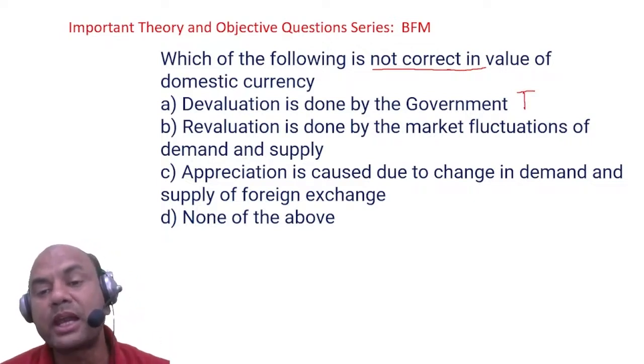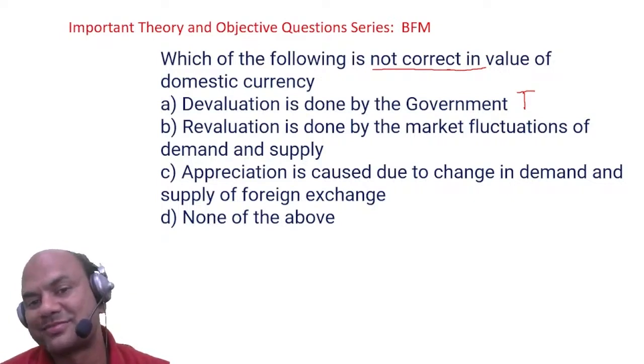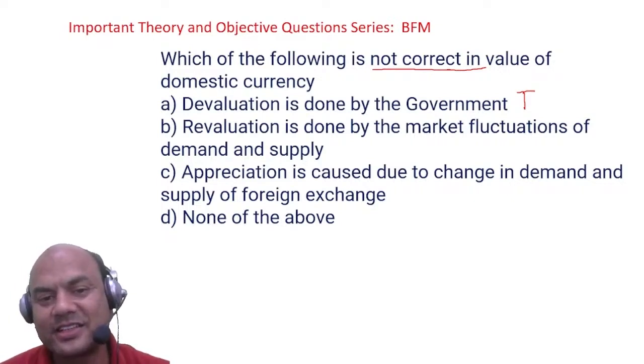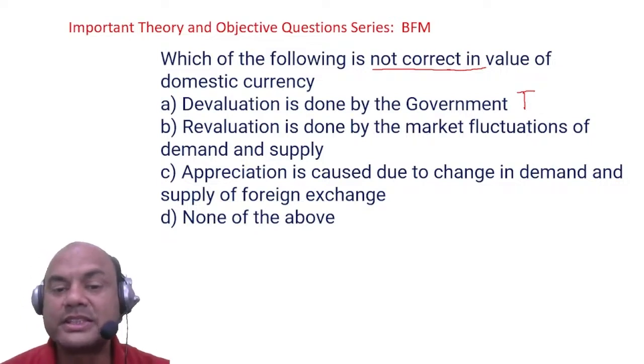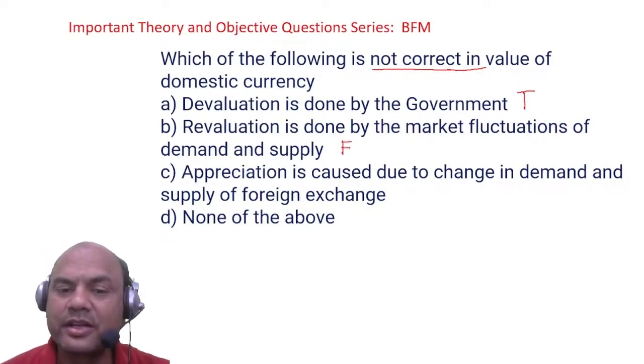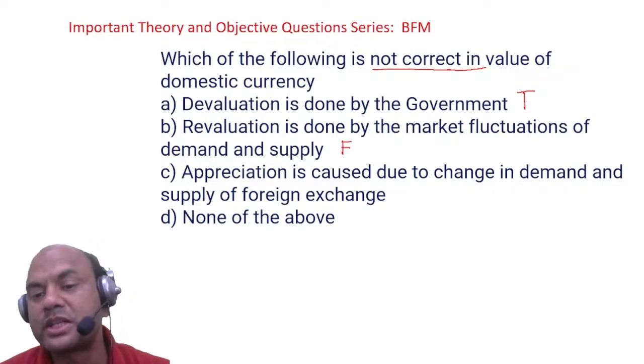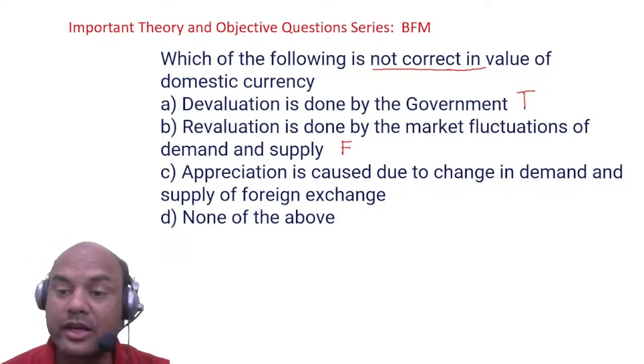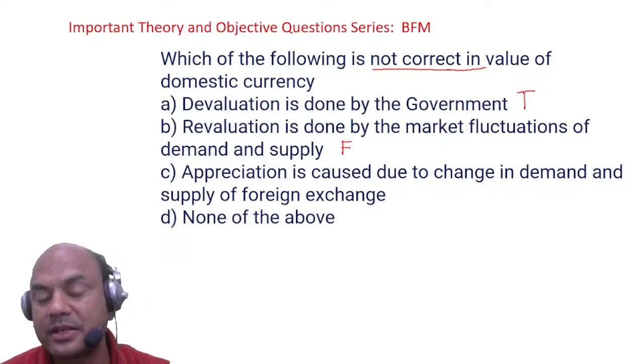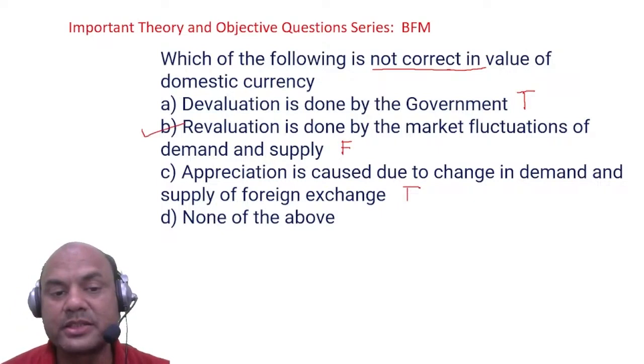Revaluation is done by the market fluctuations. This is the catch. So this is false. Appreciation is caused due to the change in demand and supply, that is appreciation, depreciation. So that is true. So we want not correct. B is the answer.